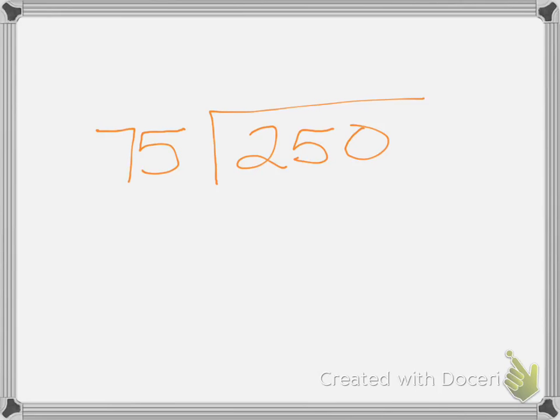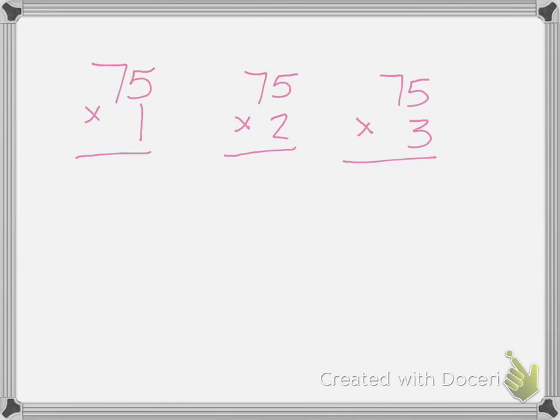So on the next piece of paper, or on a scratch piece of paper, I can just write out my facts of 75. So 75 times 1 we know is 75. 75 times 2, 150. 5 times 3 is 15. 7 times 3 is 21 plus 1, 22.